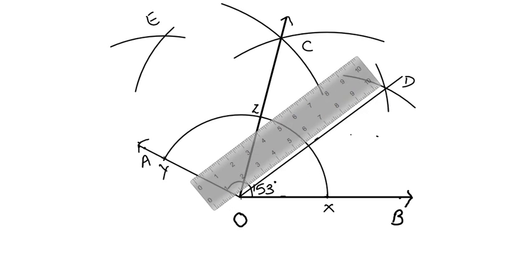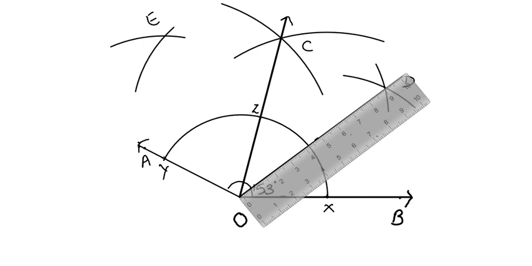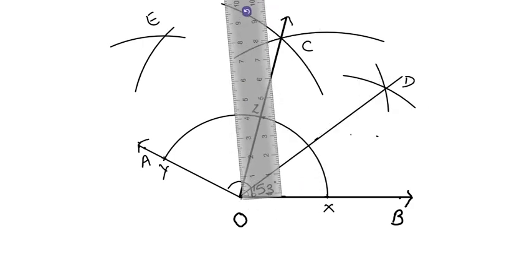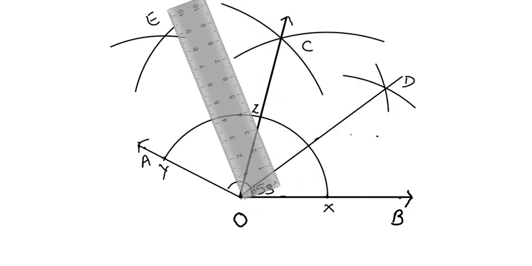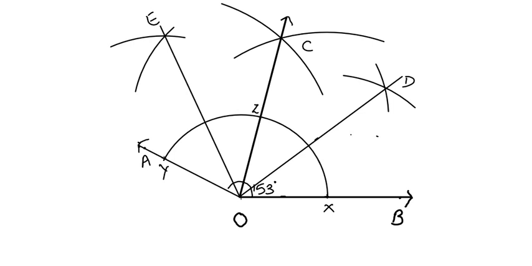Now again, taking O as center and rotating the ruler, I join O and E, you can see. Now we can remove the ruler, the work of the ruler is over. Now you can see the given angle 153 is divided into 4 equal parts.